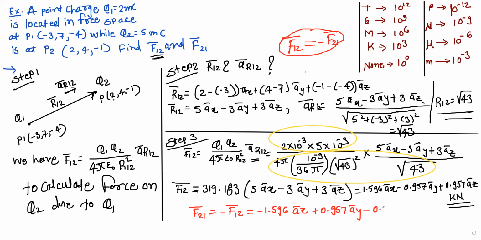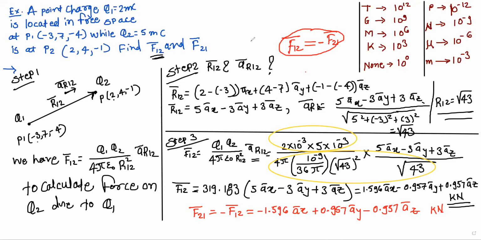minus 0.957 a bar z, and unit of this also kilonewton. Unit of force is Newton, and here it's 10 raised to 3.